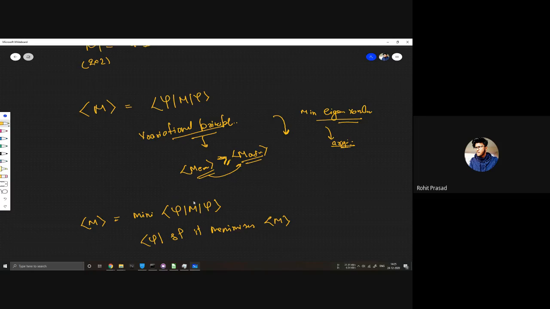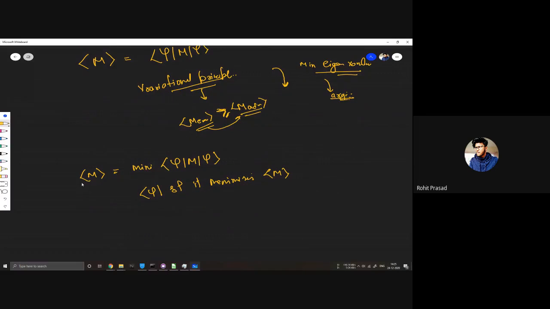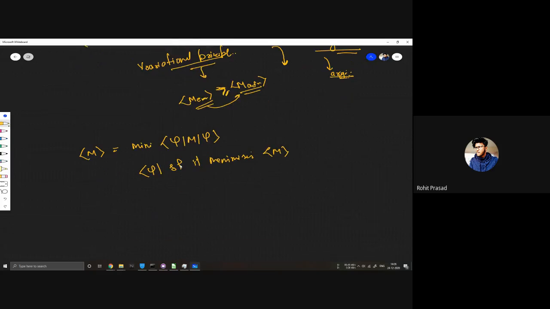Because your M is predefined, so the only thing that we can change is our psi. So we need to find a state psi such that this is minimum. Okay, so the first thing we need to do is calculate this expectation value given a specific psi. So let's assume we have been given a specific psi.